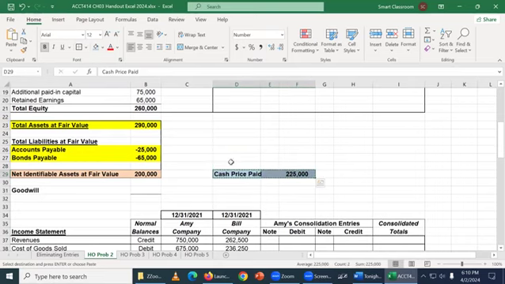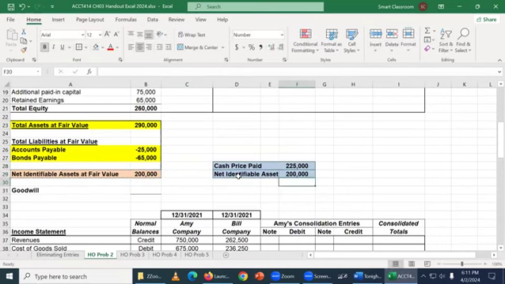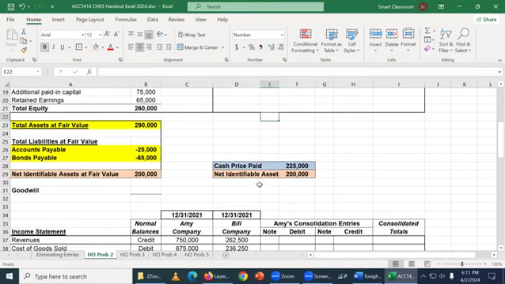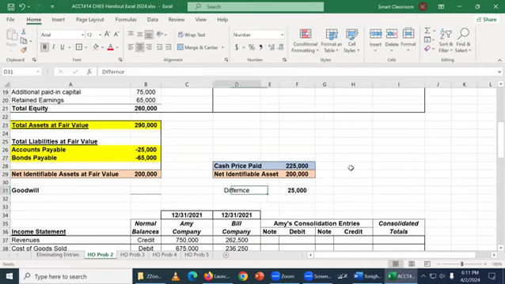We're going to take the identifiable assets and subtract them, and the difference is going to be our goodwill. Okay, so this is going to be our goodwill.